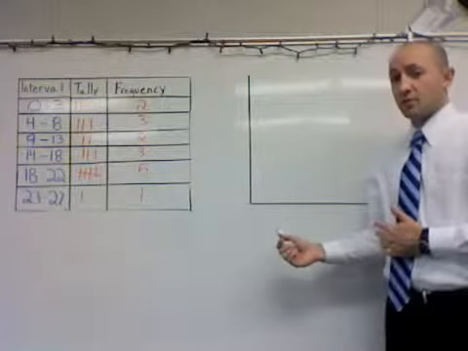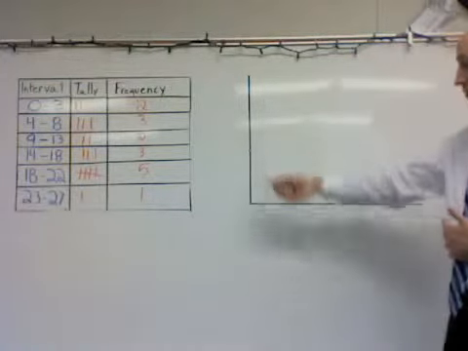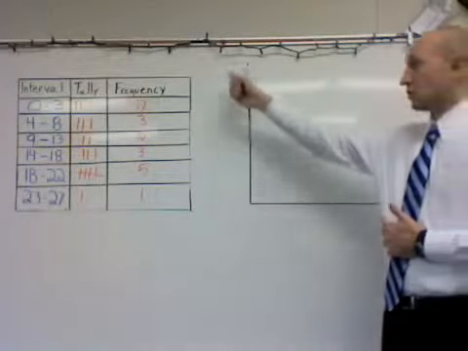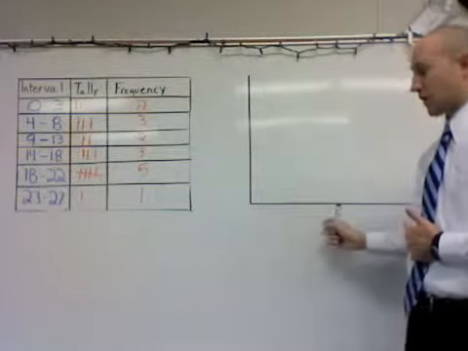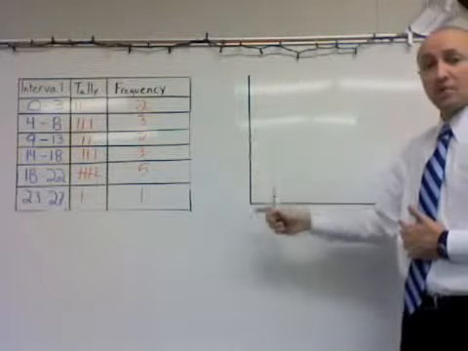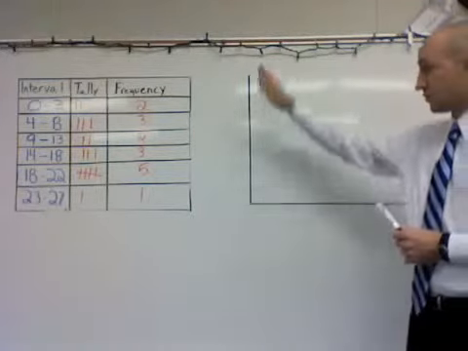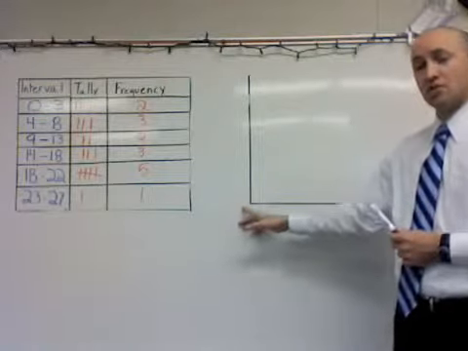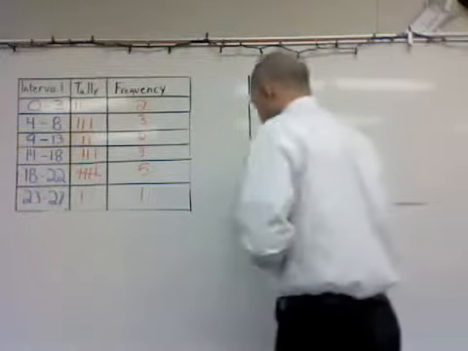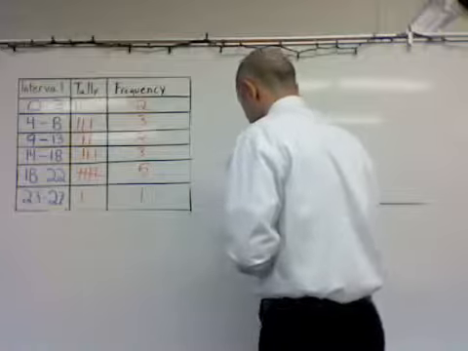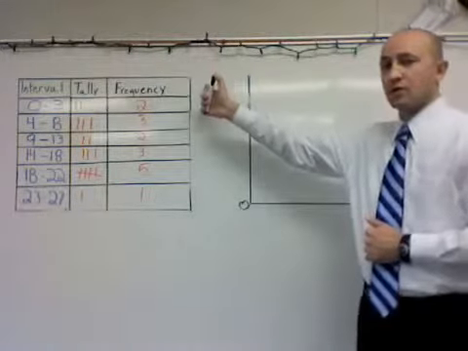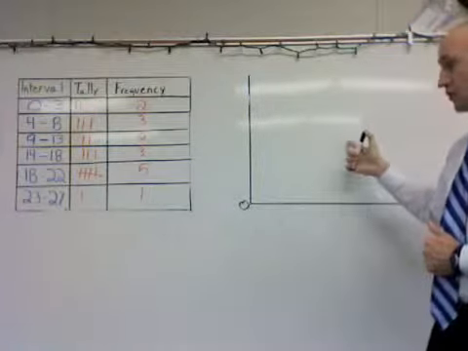In order to set up my histogram, I have to make these 2 lines kind of form an L. These are actually called the Y and the X axis. And after I make my axis, both the Y and the X, the first thing I want to do is put a 0 in this bottom corner, just like that.